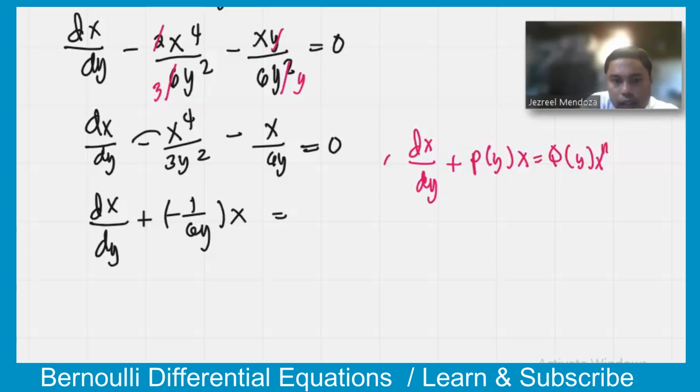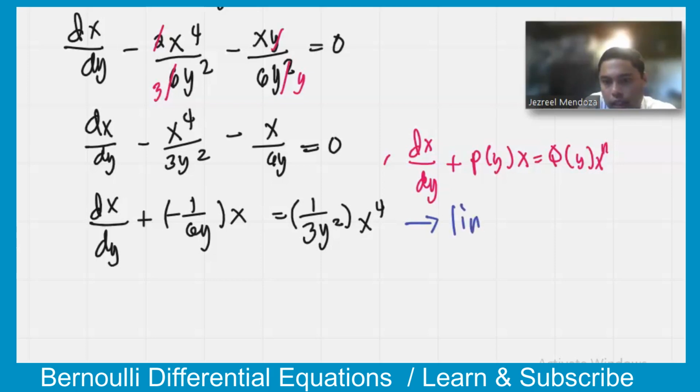The negative term transposed to the right side becomes positive, 1 over 3y squared, times x raised to n, here x raised to 4. Therefore the equation is linear in x, so the Bernoulli equation is linear in x.